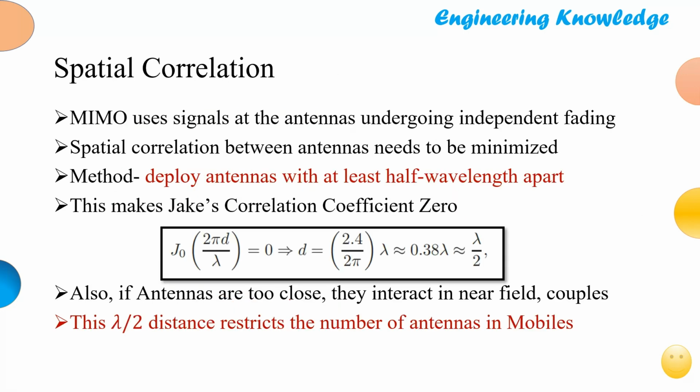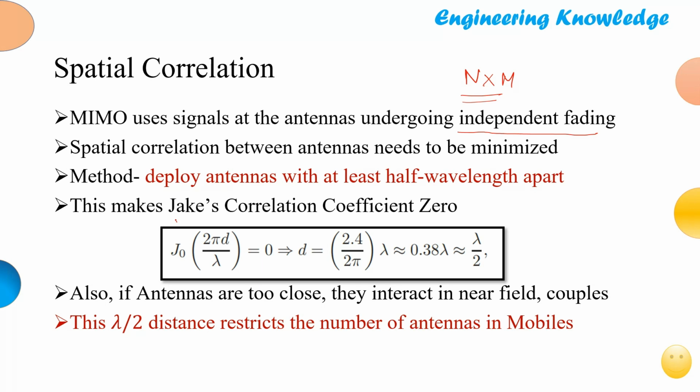And spatial correlation is a very big factor, which means that MIMO uses signals at antennas undergoing independent fading. So the multiple paths which are created, suppose n cross m paths, are all undergoing independent fading. They cannot be dependent, and for that we need the correlation between the two paths to be zero.